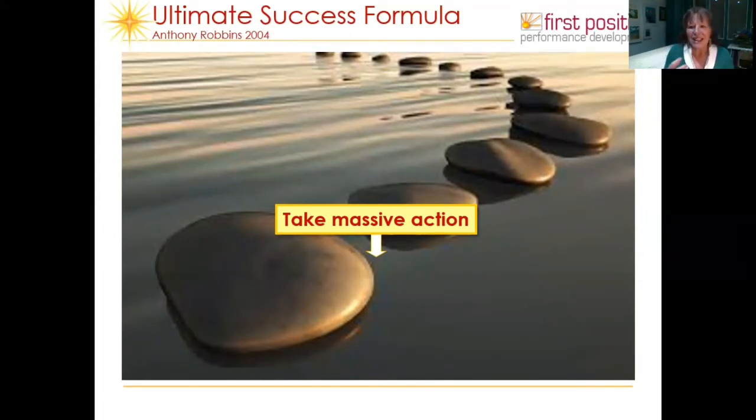But this massive action has got 2 elements to it. On the one side, it's take massive action. If that outcome is really important to you, throw everything at it. Ensure that everything you're doing is taking you towards that goal. Have plans each day, check each day. Is what I'm doing achieving or focused and getting me towards that outcome or not? So you're throwing all your energy and focusing on it.